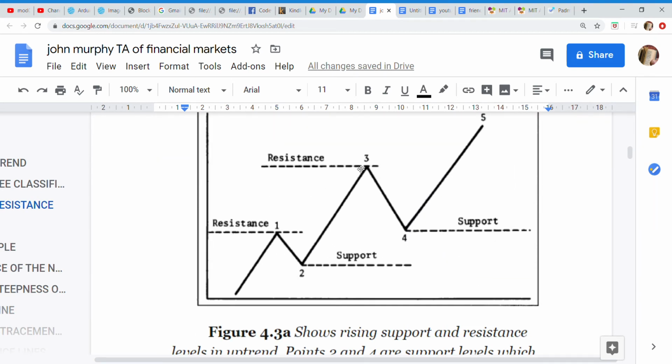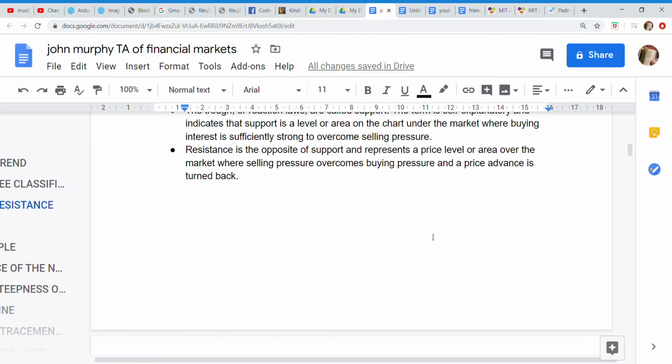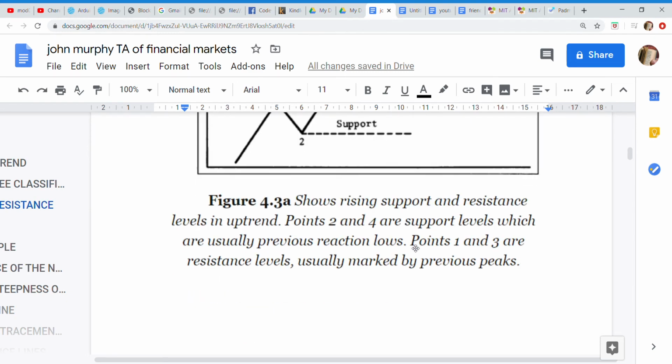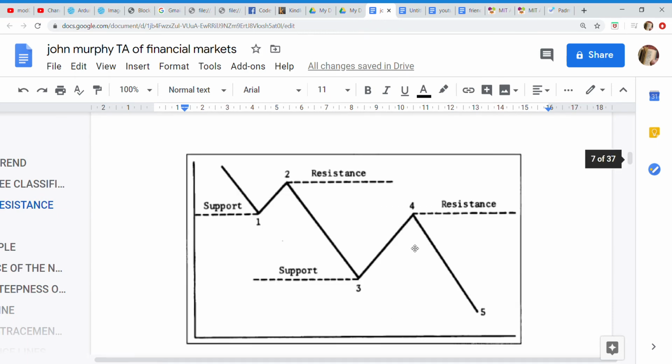In this portion, selling pressure overcomes buying pressure and the price advance is turned back. So this figure shows rising support and resistance. This is resistance, this is support.